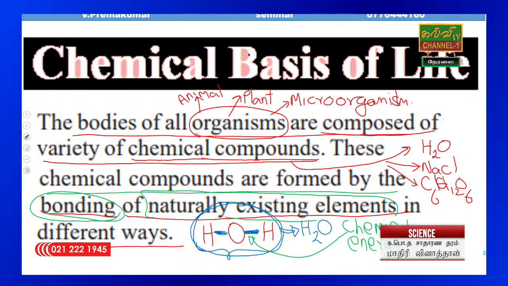The bodies of all organisms are composed of a variety of chemical compounds. Our organs, so many things. These chemical compounds are formed by the bonding of naturally existing elements. They don't come from the sky. Naturally existing elements are there, right?